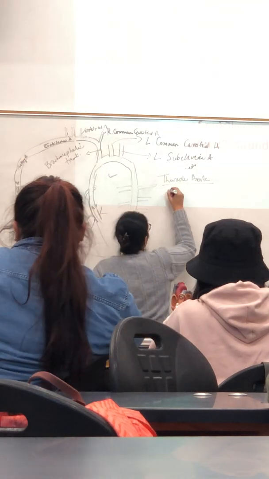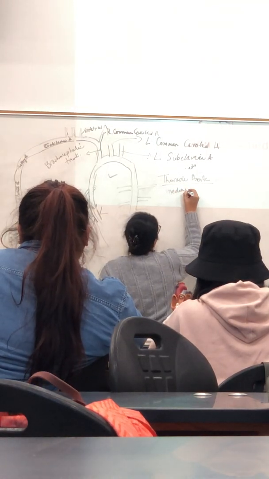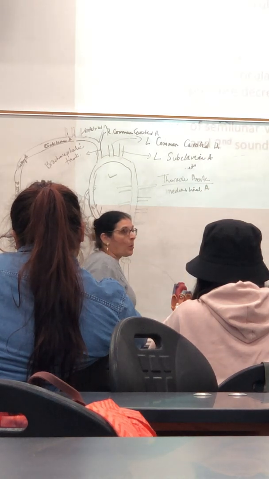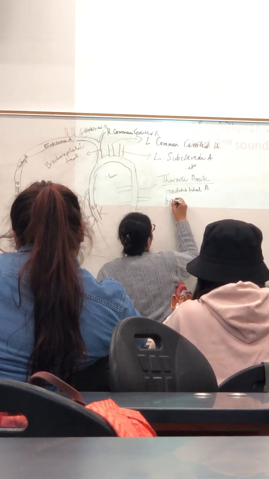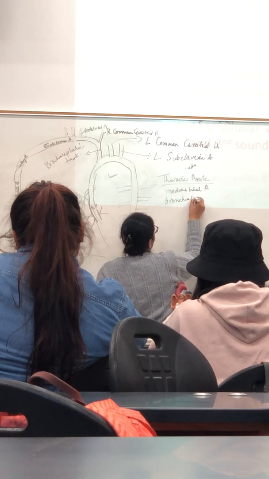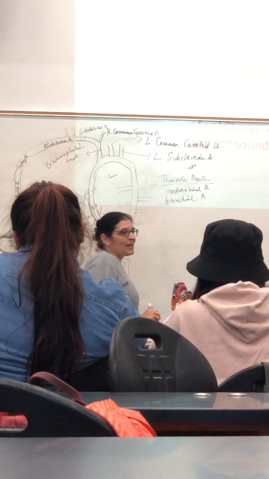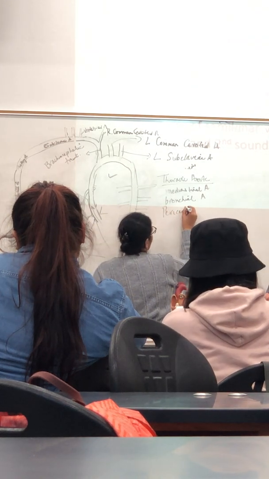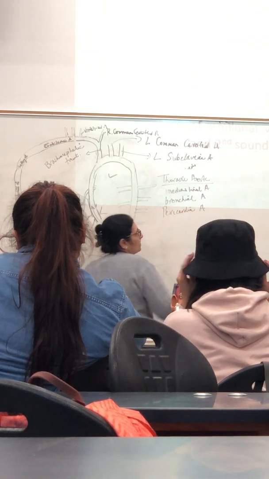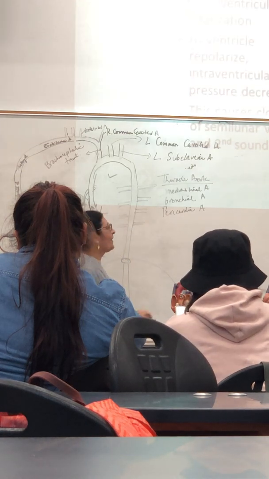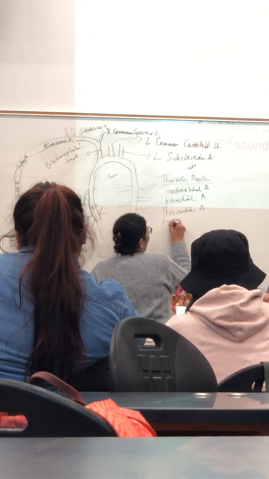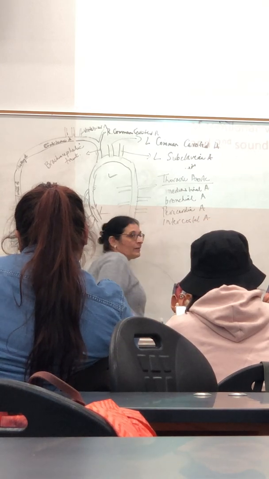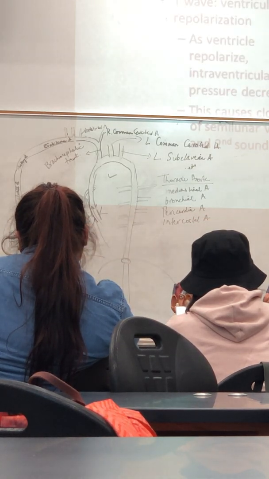One will be the mediastinal artery. One will be the bronchial artery. One will be the pericardial artery. Then you have the intercostal arteries, a number of intercostal arteries.